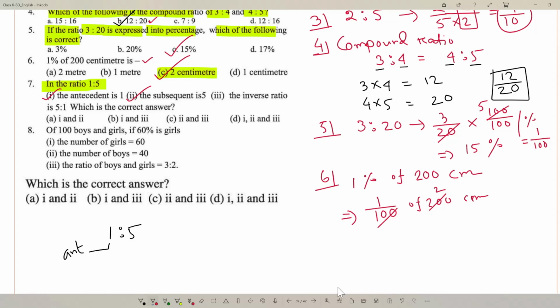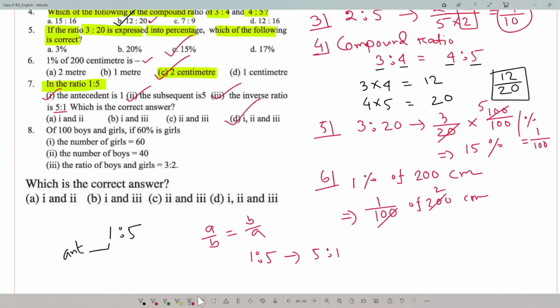So what does inverse ratio mean? Here it is mentioned the inverse ratio is 5:1. It means if A by B, the inverse ratio will be B by A. 1:5, inverse will be 5:1. So this one is also correct. So 1, 2, 3 amongst all, our answer is correct. So we can say that our correct answer is number B.